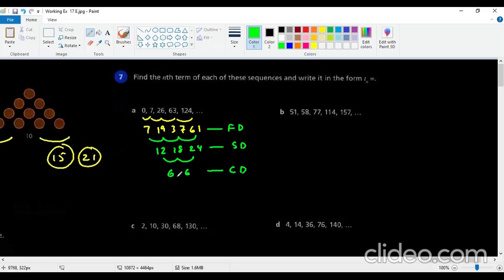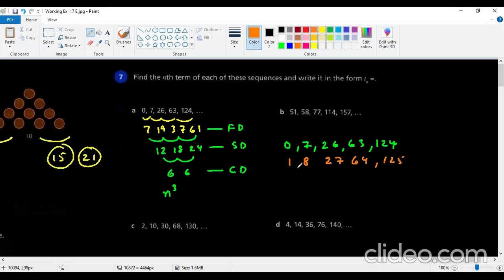That means here we understand it's a cubic sequence. So we write n cubed first. Now, as you see, you just write 0, 7, 26, 63, and 124. So just below this, you write the cubes: cube of 1 is 1, cube of 2 is 8, cube of 3 is 27, cube of 4 is 64, cube of 5 is 125.